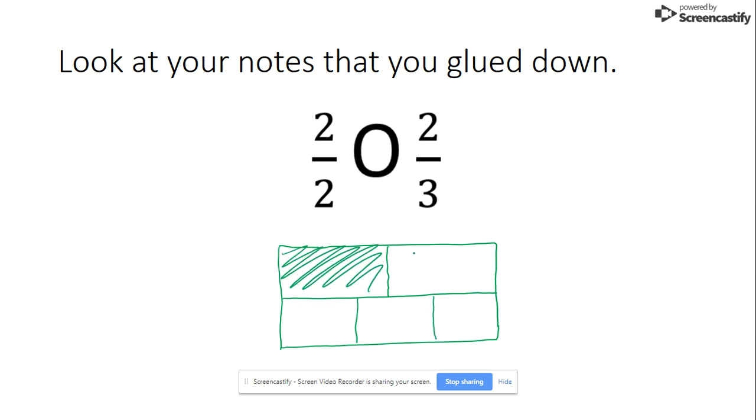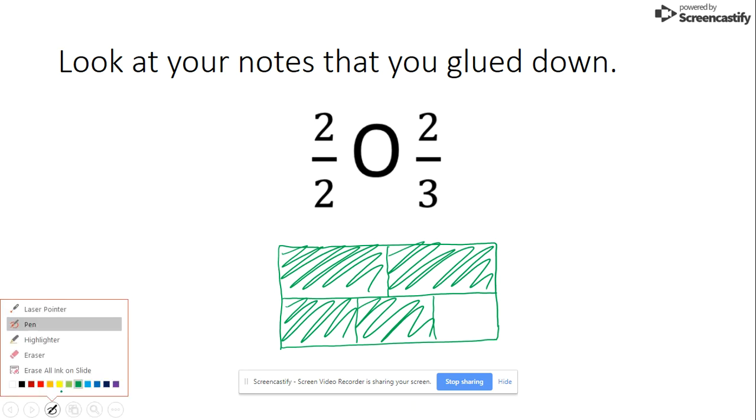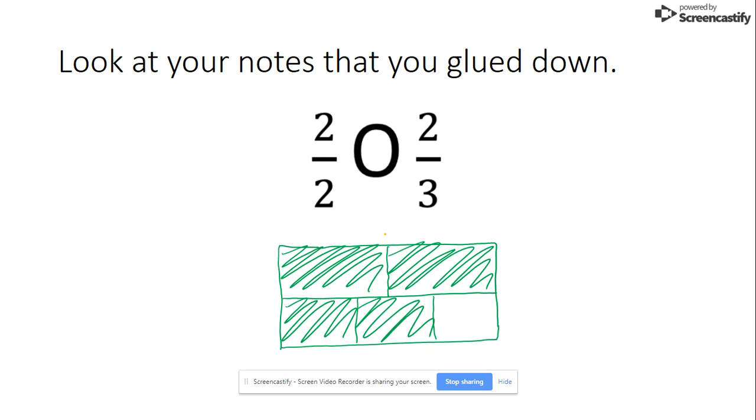I'm going to shade in 2/2, and then I'm going to shade in 2/3. Which one is bigger? Again, if I look at what I shaded in, more on that top rectangle than I did on this bottom one. So 2/2 is greater than 2/3.